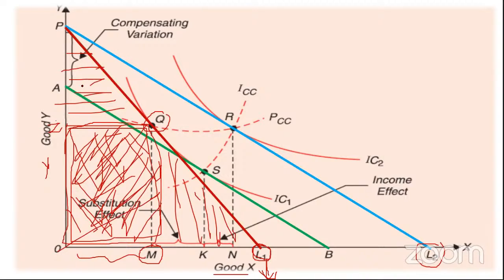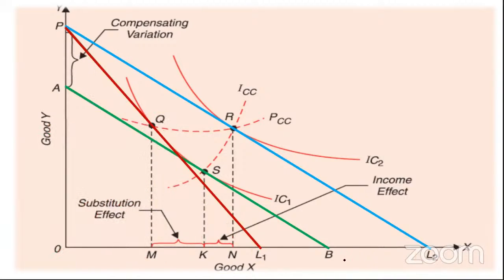To be clear about it: a number of questions come from this point. At the consumer equilibrium position, the budget line is tangent with the indifference curve. The slope of the budget line represents the price ratio, and the slope of the indifference curve represents the marginal rate of substitution between the two goods X and Y.